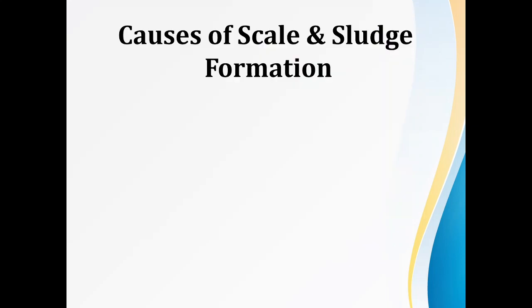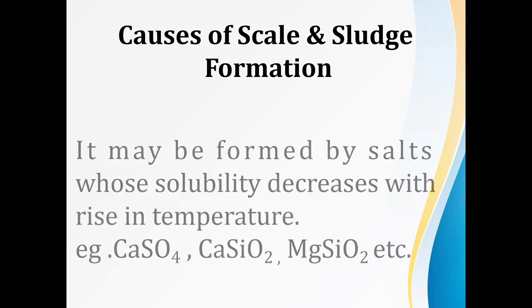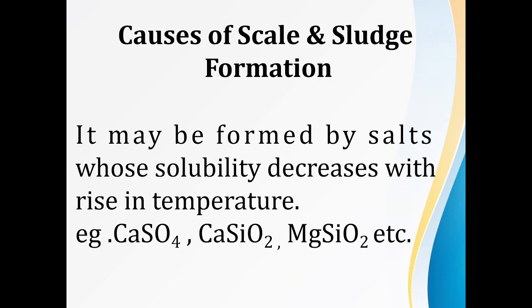Now there are different causes of scale and sludge formation. Which are those causes? It may be formed by salts whose solubility decreases with rise in temperature. Means if we increase the temperature, the solubility of some salts decreases. Means soluble salts convert into insoluble salts with increase in temperature.